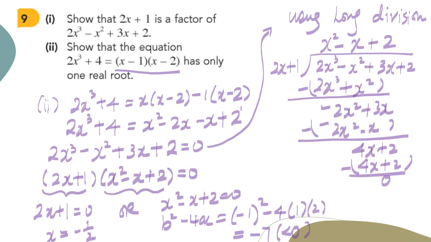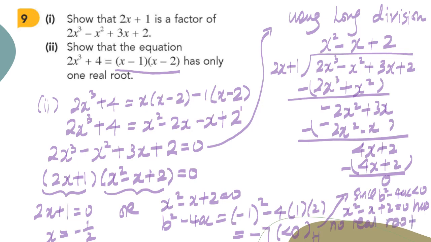Okay, so the concluding statement is that since b squared minus 4ac is less than 0, because negative 7 is less than 0, x squared minus x plus 2 equals 0 has no real root. So hence x equals negative half. Alright, you finish it on your own. x equals negative half is the only real root for the given equation.